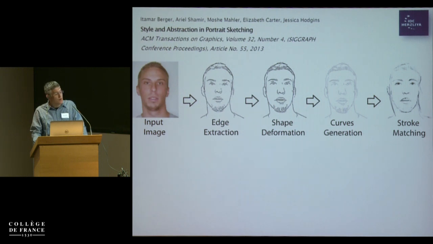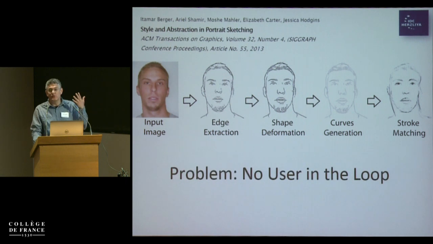The problem in this approach, obviously, is that there's no human in the loop. This is an automatic way of creating images that imitate what a human being would draw. And what I wanted to talk about is really how people can use the computer as a tool to create art or to create design objects.